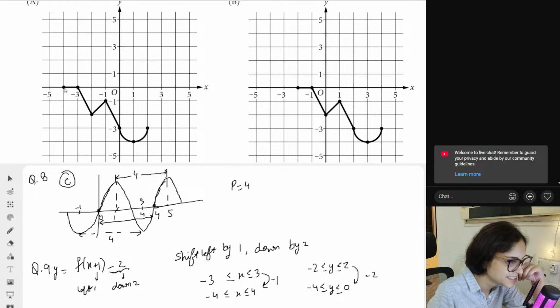Option A, -4 to 2. Oh yeah, 3 minus 1 is 2, not 4. My bad. So this is going to be 2.